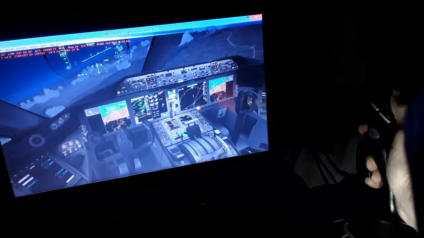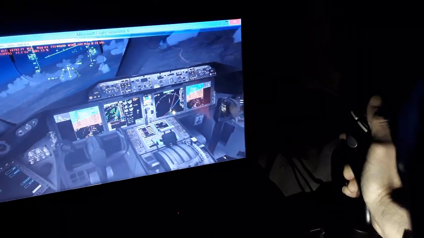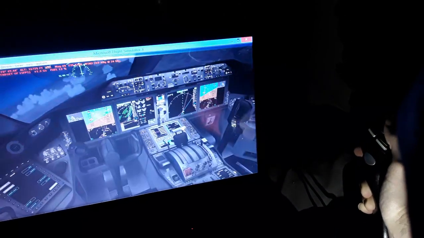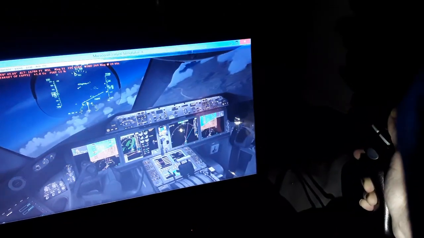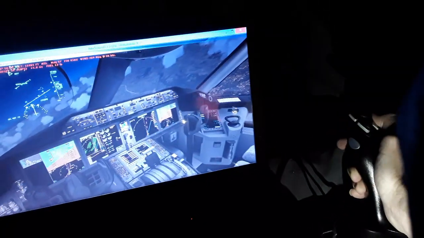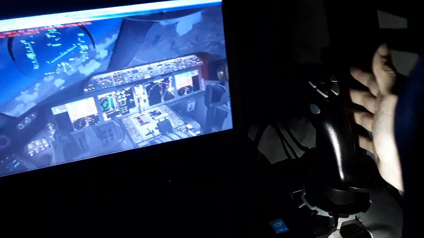Use some rudder pedals also, right rudder from time to time, or left rudder. Now we need a little bit more right and some ailerons like this. So you can see we can fly hands off like this whenever we need.